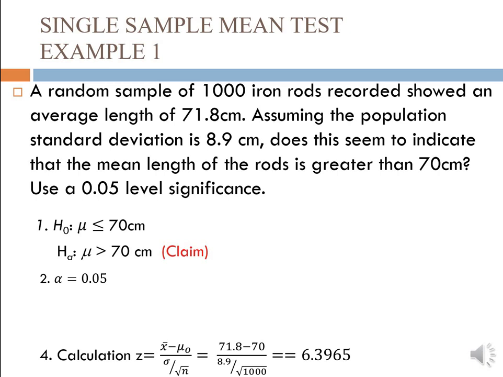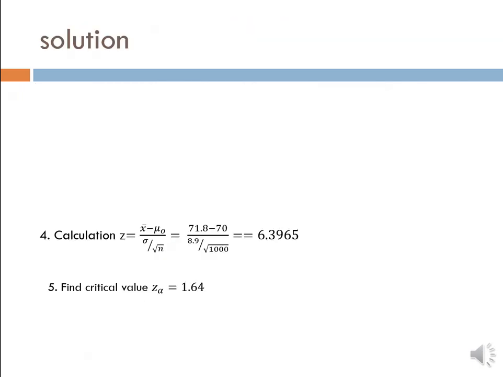Our alternate hypothesis is mu is greater than 70 centimeters, which means a right-hand test or a right tail test, also implying the rejection will be shaded on the right side. Okay, so we have the rejection shaded on the right side.